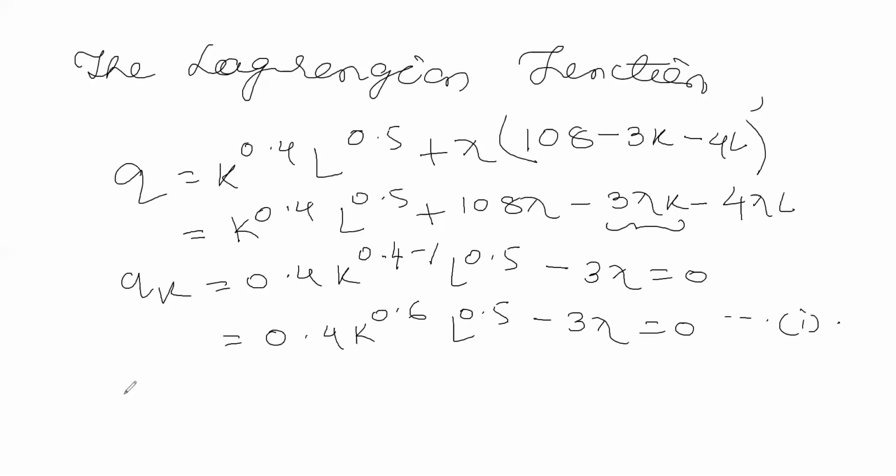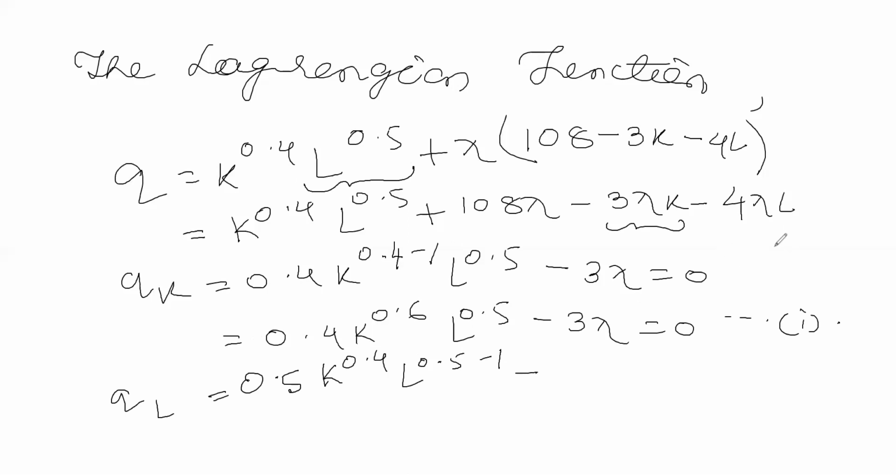In terms of L, we differentiated the given production function Q with respect to L, and what do we get? It is 0.5 which will come in front because we are now differentiating with respect to L, right? K remains as it is, and from the power of L we subtract 1.